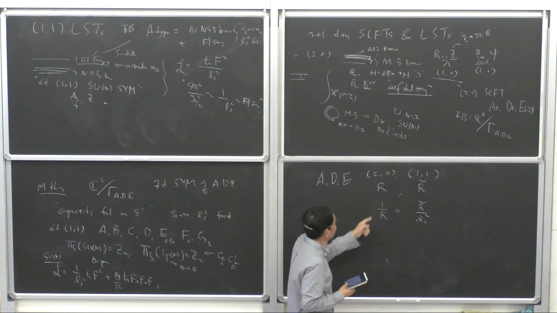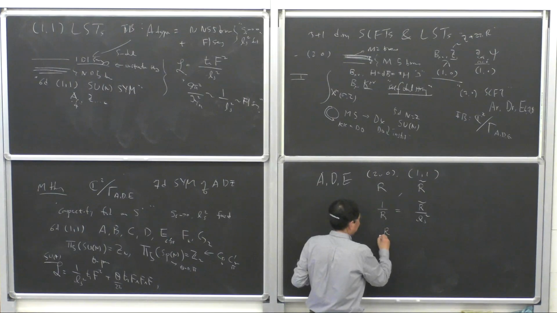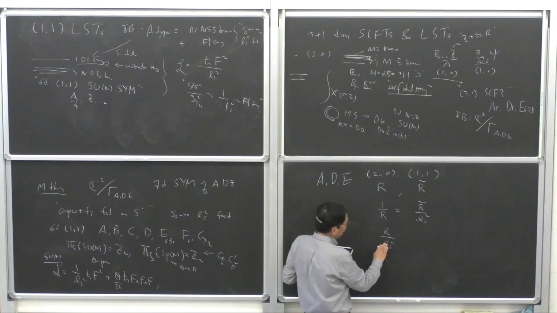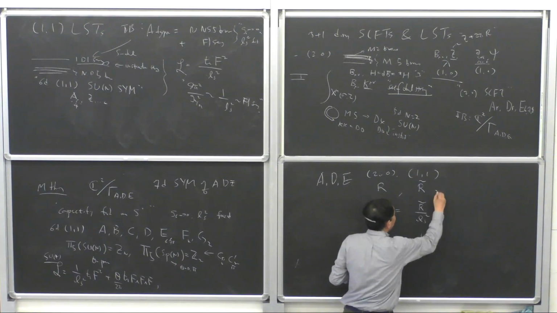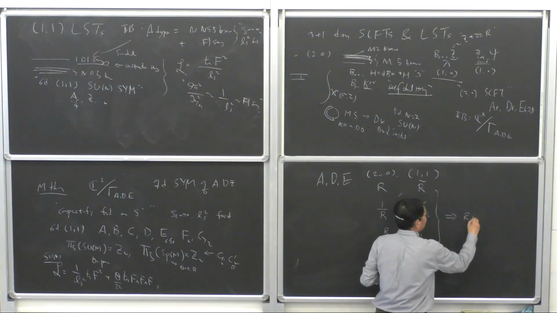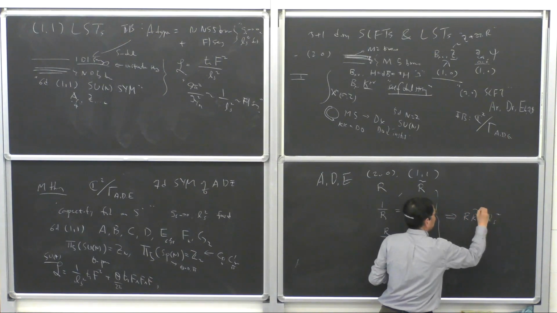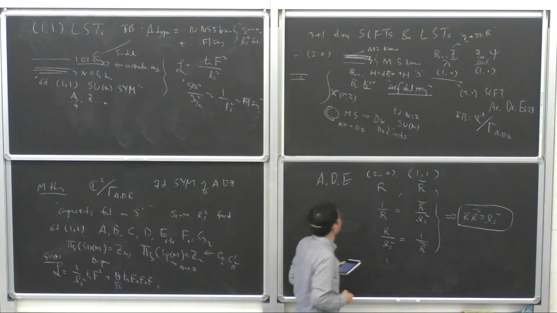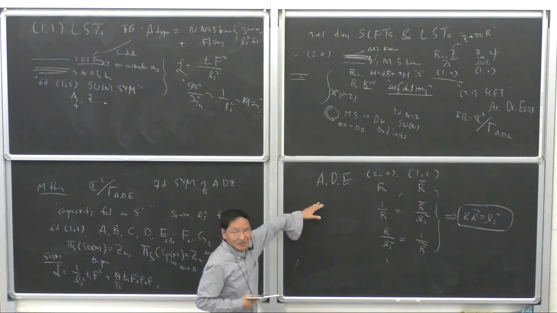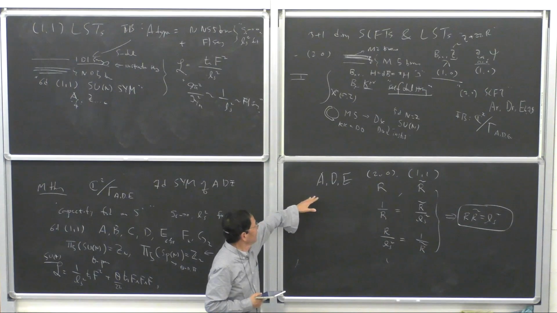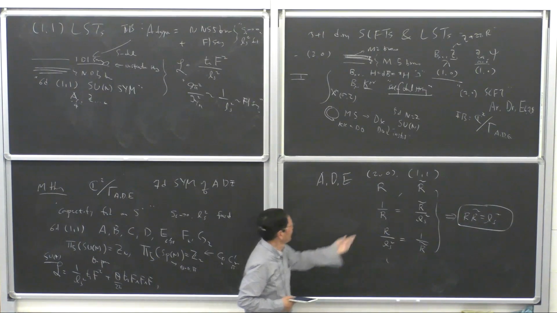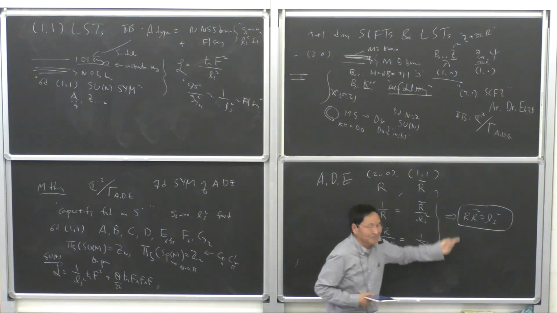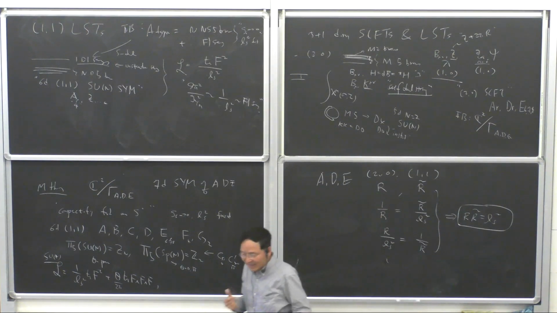And the winding mode in this direction, so I have a fundamental string wrapping the circle whose energy is like that, that will become KK momentum. And this is allowed if, okay? So without twisting, we start with the ADE type of 2,0 theory, or Yang-Mills theory as the 1,1 theory, circle compactify with the relation between radii to be like that, then you get the same 5D physics.